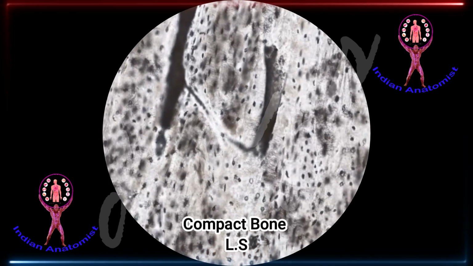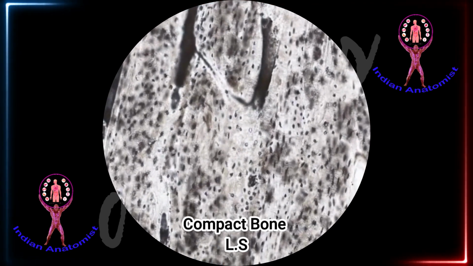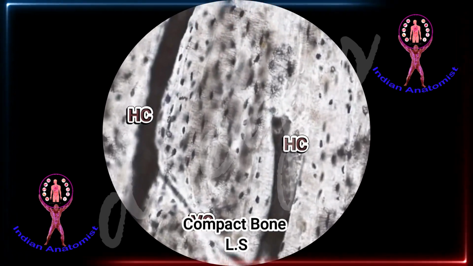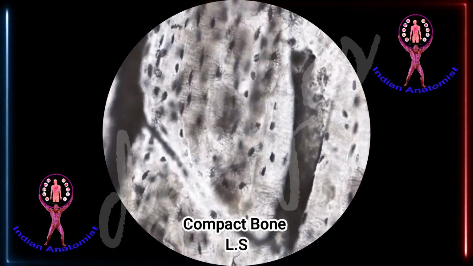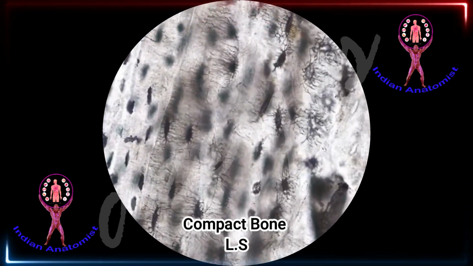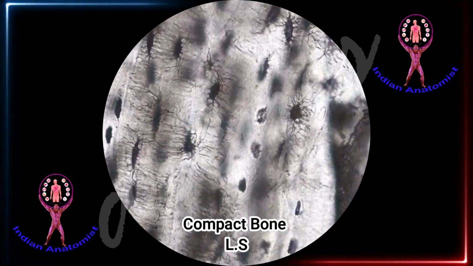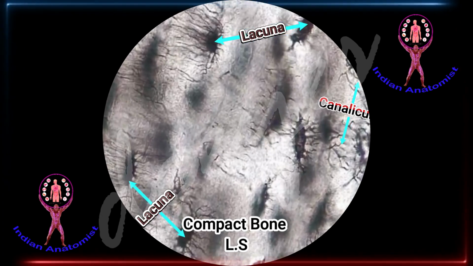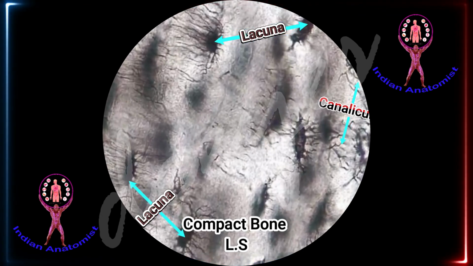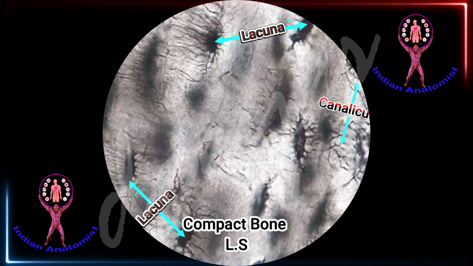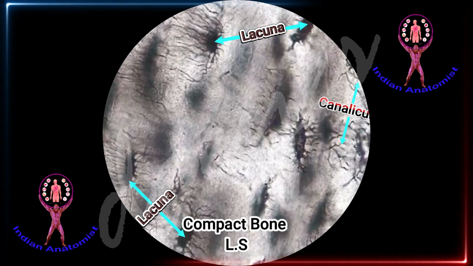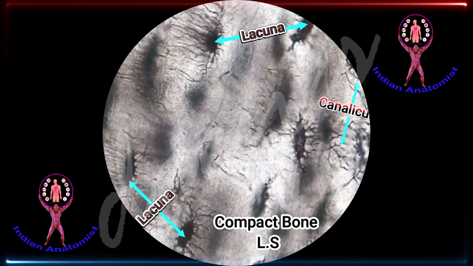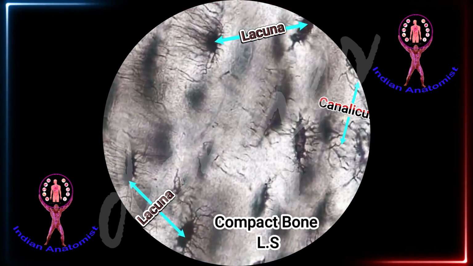The area surrounding the canals has empty gaps known as lacunae, which give the impression of small canals called canaliculi. The canaliculi serve as conduits for the protoplasmic processes of osteocytes, allowing communication between nearby osteocytes and direct contact with the Haversian canal for the exchange of nutrients and disposal of waste products.